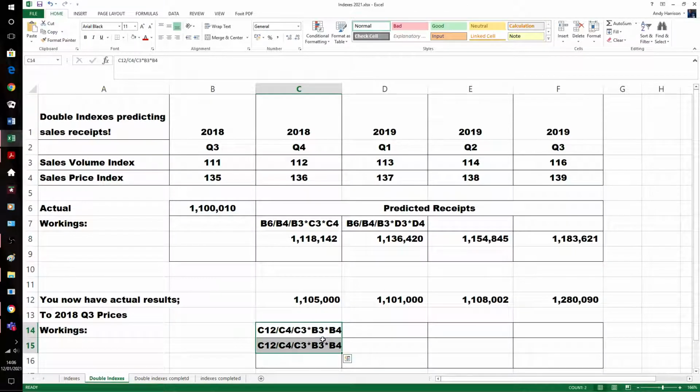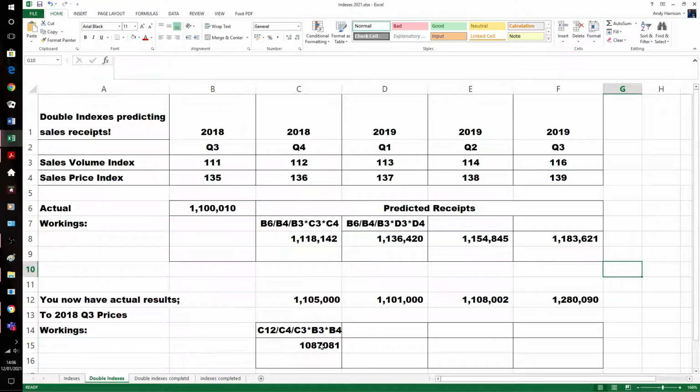I'll do the same trick. So there we are. Again, need to take off a few decimal places. So 1,105,000 is equivalent to £1,087,081 in there. So as we expect, we haven't done as well as predicted. We've done a little bit worse.